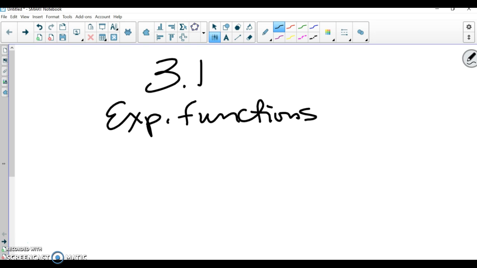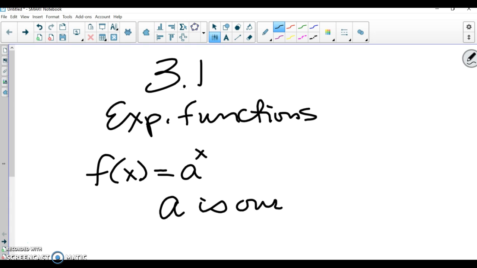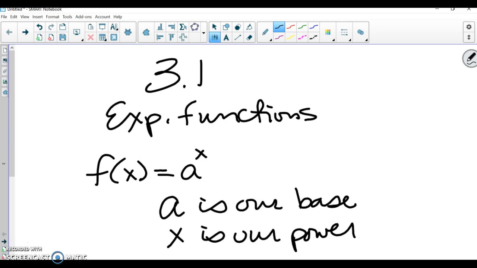We're going to start with the parent function, exponential function f of x is equal to a to the x, where a is our base and x is our power. Okay, starting out on page 180, definition of exponential function.